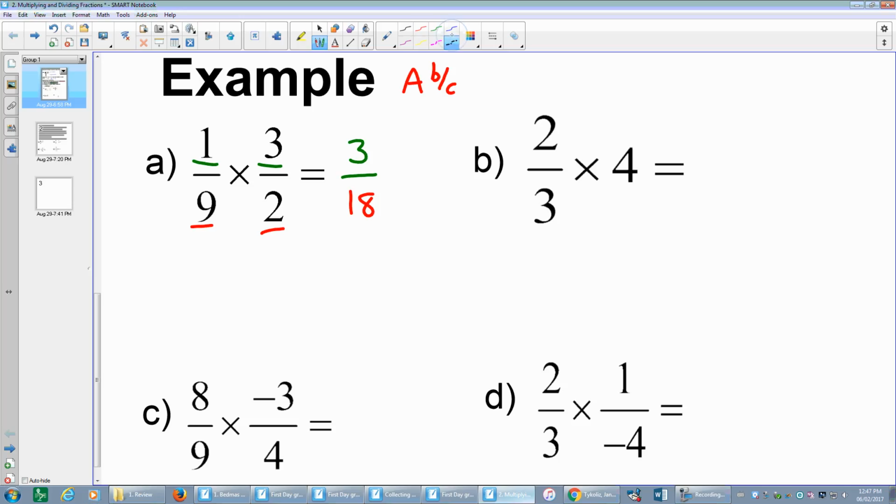You need to find the biggest number that you can divide both the 3 and the 18 by. I'm going to take 3 and divide it by 3. What I do to the top, I do to the bottom because that gives me an equivalent fraction. 3 divided by 3 gives me 1. And 18 divided by 3 gives me 6.